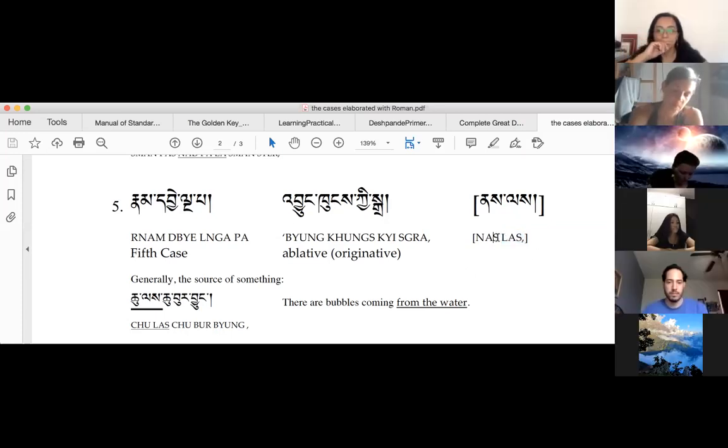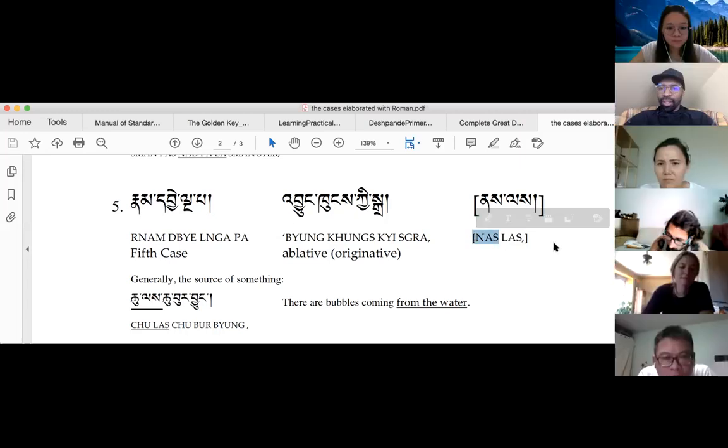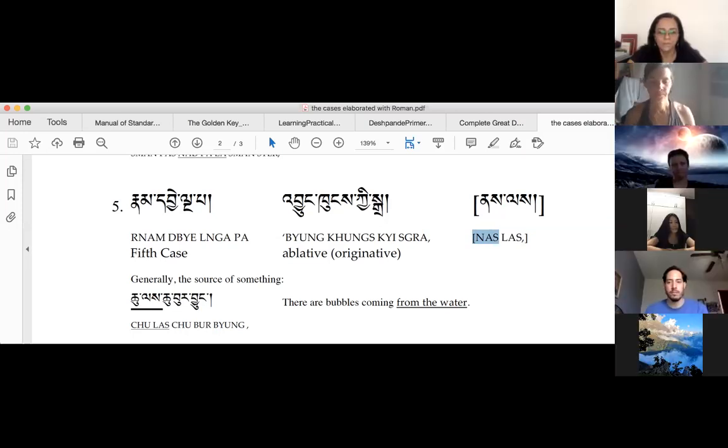Anyway, ne also means raw barley. And barley is really important in Tibet. Usually they eat it toasted. What's it called then? Tsampa, right?